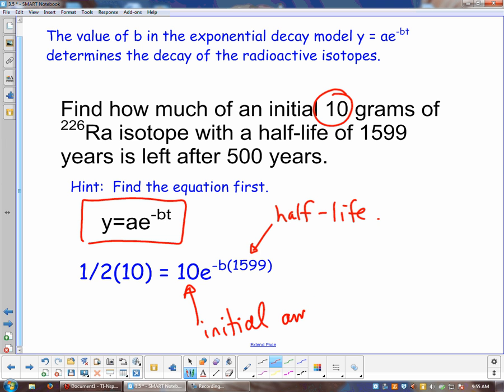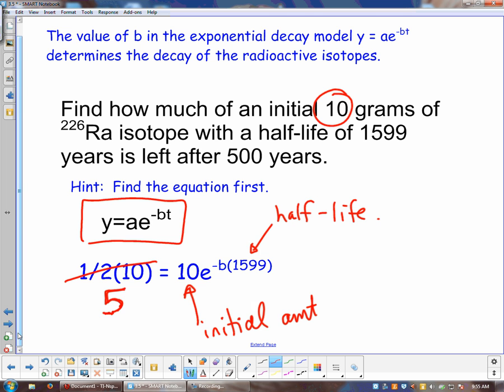And we know that after 1,599 years, since that's the half-life, we will have half of what we started with. And so that's why I can write half of 10, which is really equal to 5, right? So my 10 grams is going to be down to 5 grams after 1,599 years. Does that make sense?